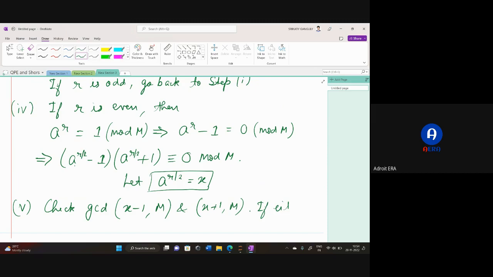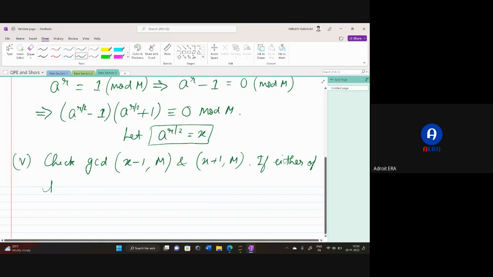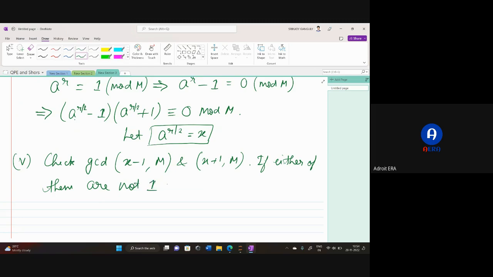If either of them is not 1, it means in this case that a factor of M has been found, and that is the success of the algorithm. We are going to take an example for this, so do not worry. We are going to see some steps.